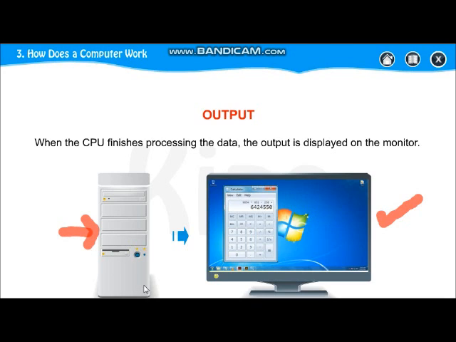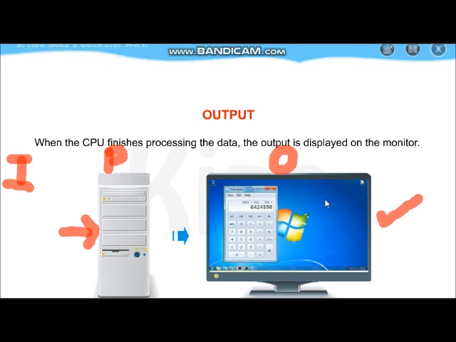CPU में. और CPU से process होके कहाँ आता है आपका? Monitor में. तो पहले हमने क्या करते हैं? Input. फिर CPU क्या करता है आपका? Process and monitor क्या दिखाता है आपका? Output. So this is IPO. That is your input, process and output.